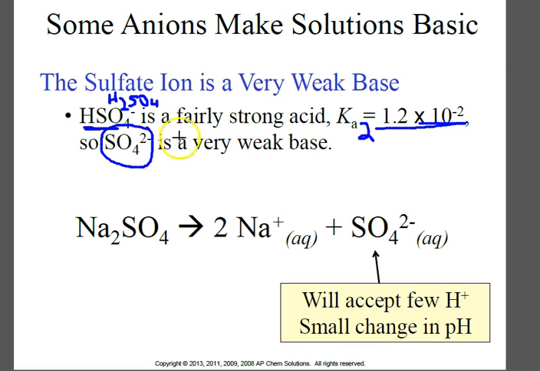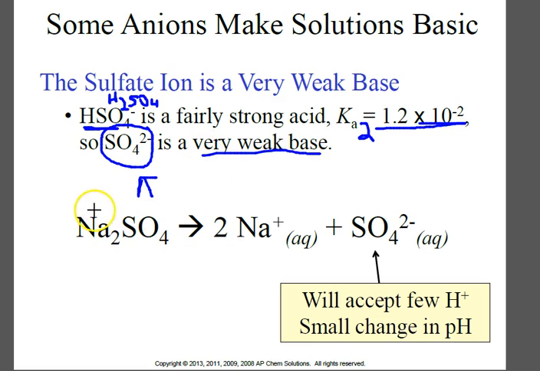is a very weak base, right? So H2SO4 is a strong acid. Its conjugate is also an acid or a base, but it's a better acid than it is a base. So it will lose another hydrogen to form SO4 negative 2. So that's its conjugate base, and it is a very weak base.